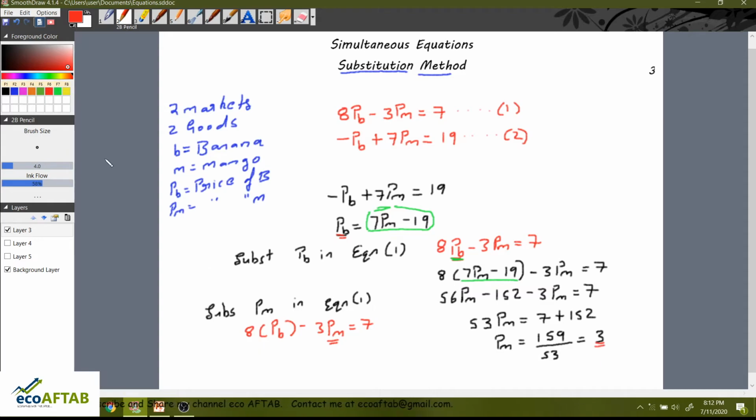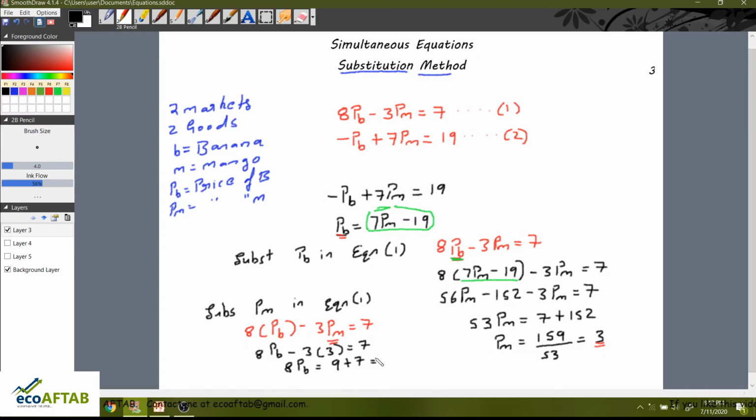So when I substitute it, I get 8PB minus 3 into 3, that is equal to 7, or else I can say 8PB is equal to 3 into 3, 9, minus 9 goes across and becomes plus 9, plus 7.